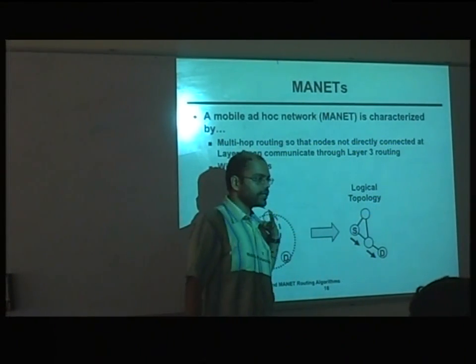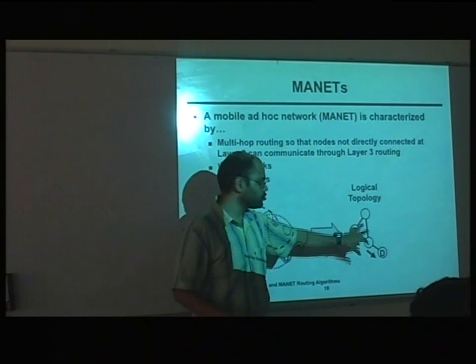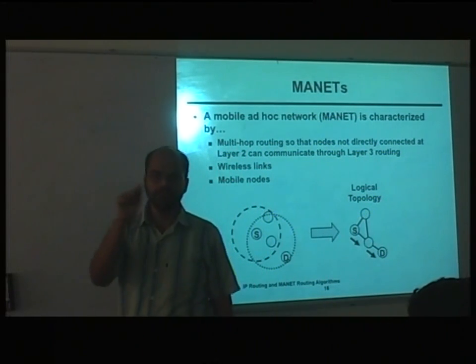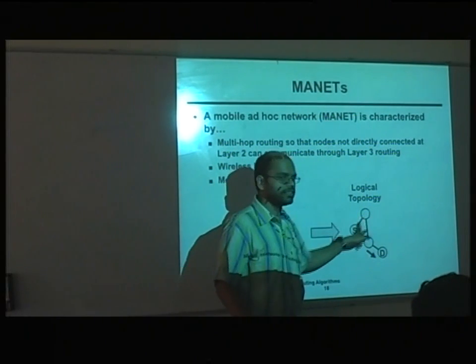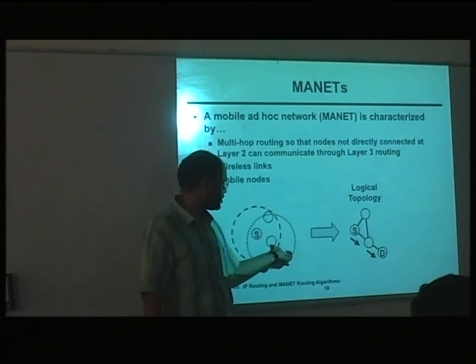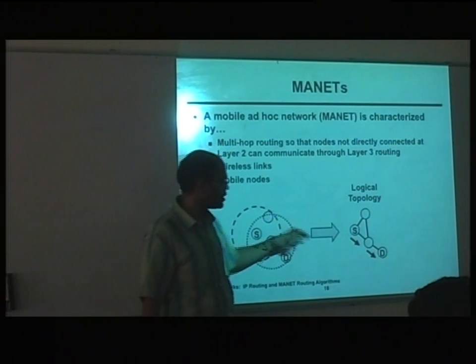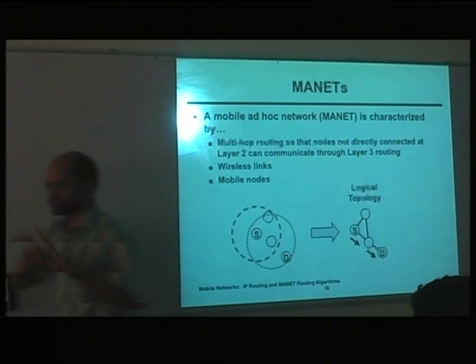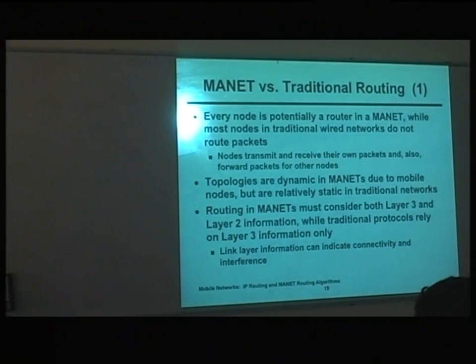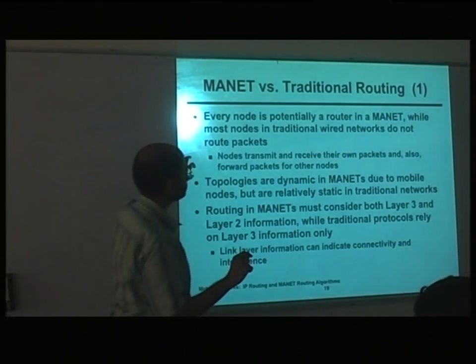And so you can convert every network into a graph topology, where the nodes will form the vertices, and the link exists if the distance is less than the radius of the circle, then you will connect it. You can form a graph and then you use all the routing algorithms to find out the route.